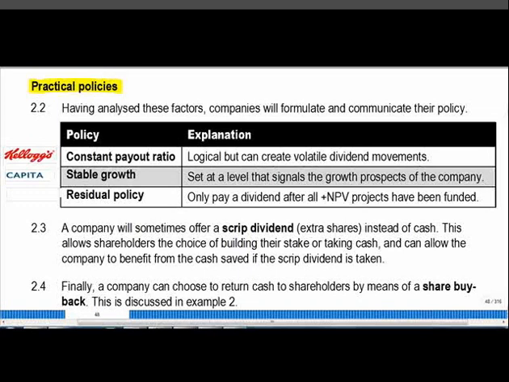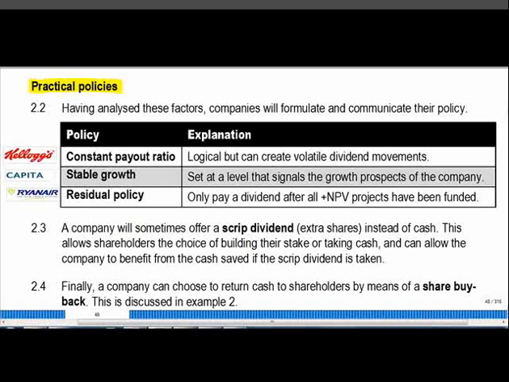At the other extreme, some companies allow their dividends to fluctuate quite wildly and will pay a generous dividend if they don't have any investment projects, but no dividend at all if they're investing heavily. As we've already mentioned, Ryanair to date has not paid a dividend, and that's because it's been reinvesting very heavily and has not had any cash left to pay the dividend.